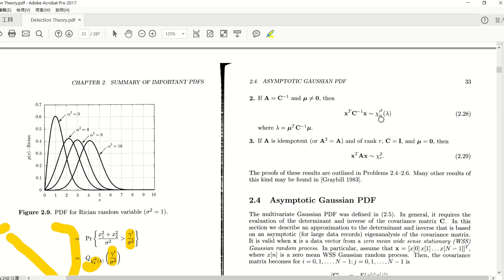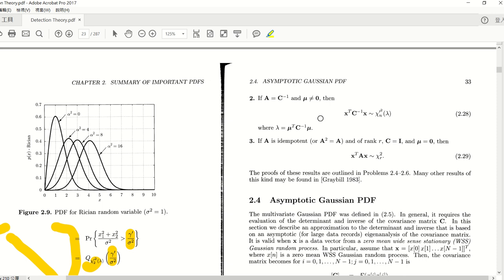Then chi-square will be chi-square with the non-centrality parameter lambda. Since mu is not 0, we calculate its lambda, which is not that complicated though. You just take the expectation of this thing and you get something like that. So lambda is in fact just mu vector transpose C minus 1 mu, right?